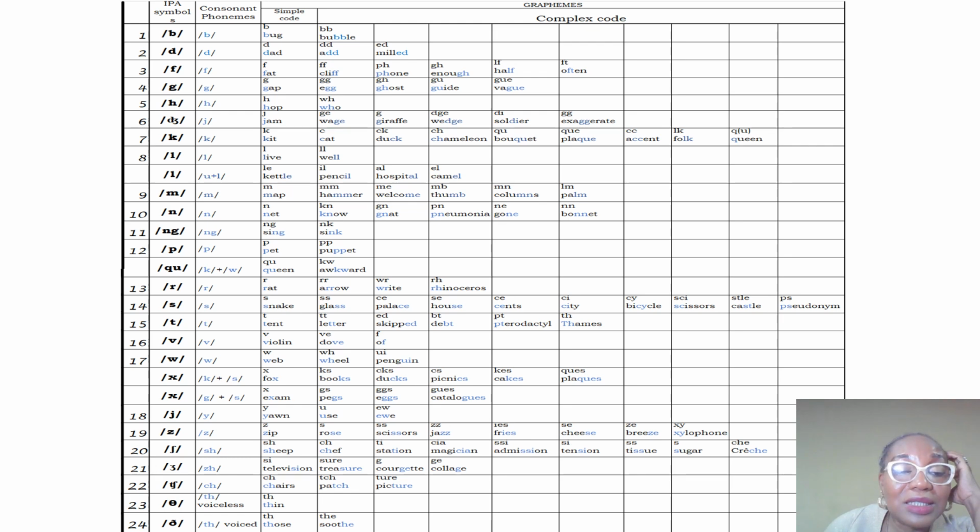So if you look at S there, you have S, you have ES, you have CE, you have SE, you have CE, you have CI, you have CY, you have SCI, and TLE, you have that there, and then you have PS in "pseudonym", "castle", "scissors".